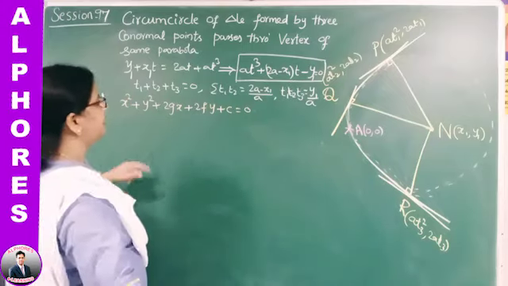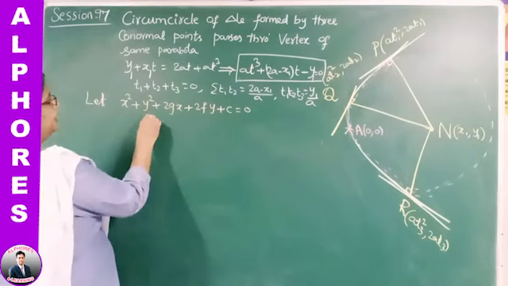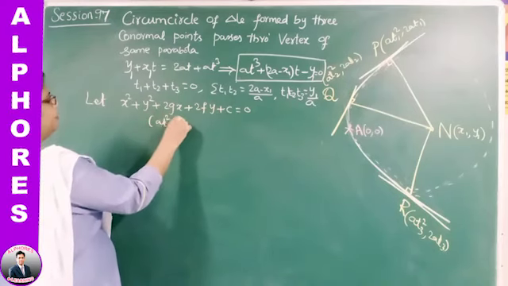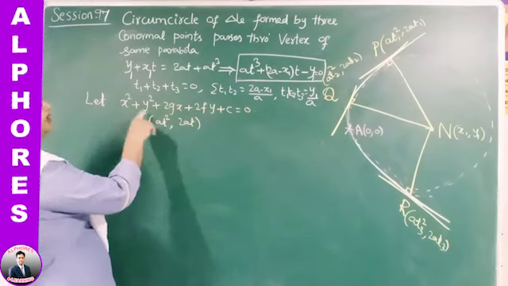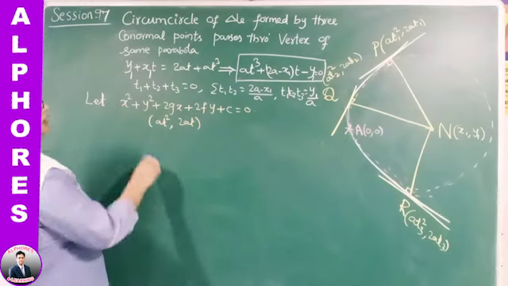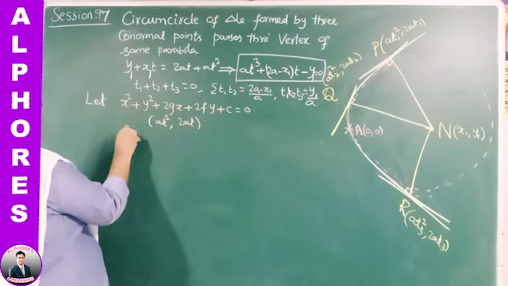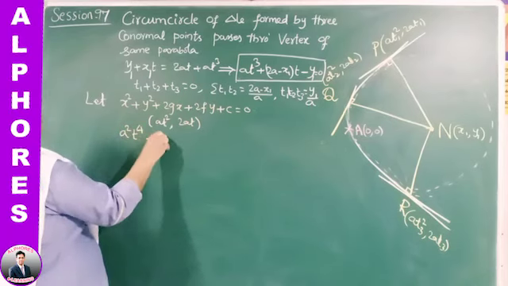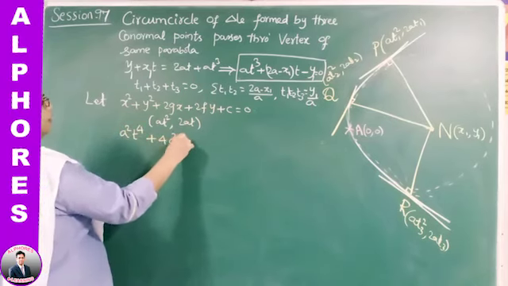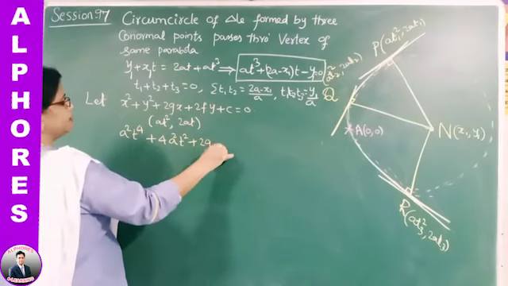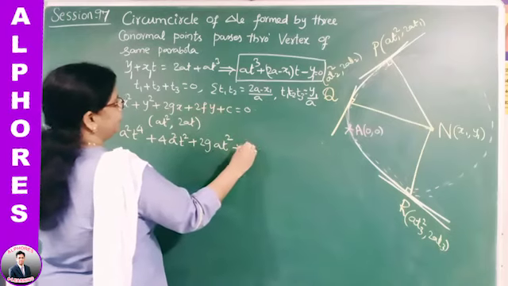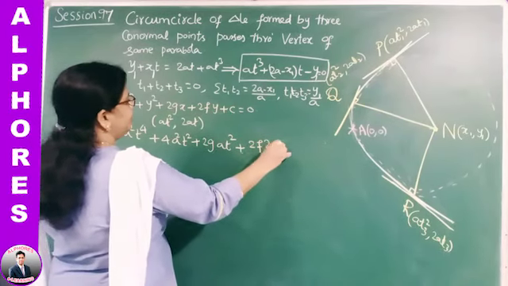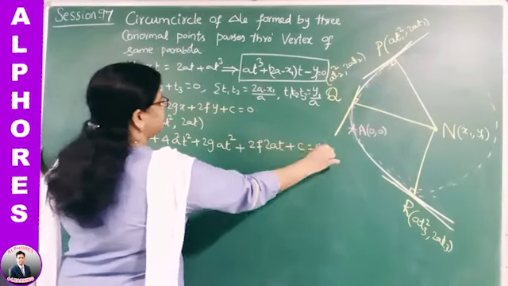In general we are taking a point (at square, 2at) which is satisfying the equation. That implies a square t to the power of 4 plus 4a square t square plus 2ga t square plus 2f into 2at plus c equal to 0.